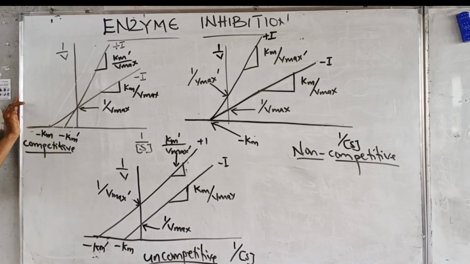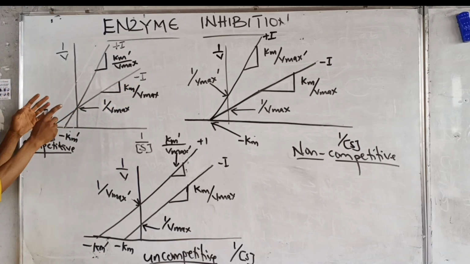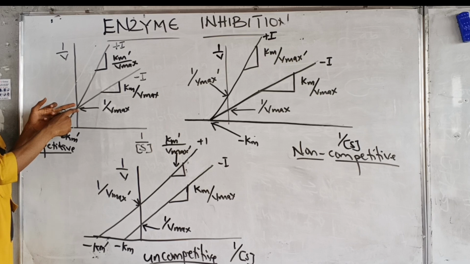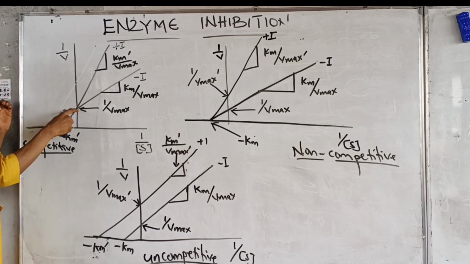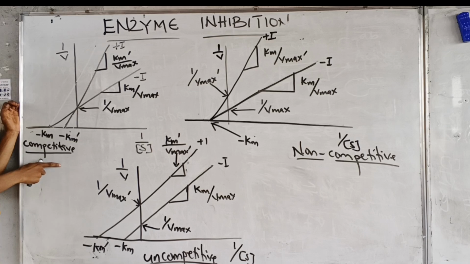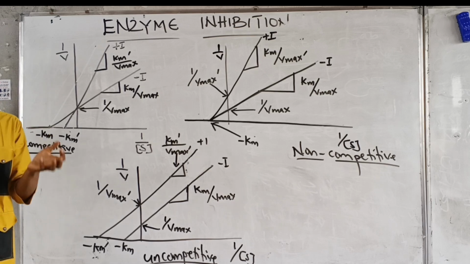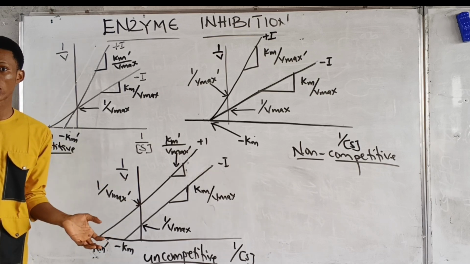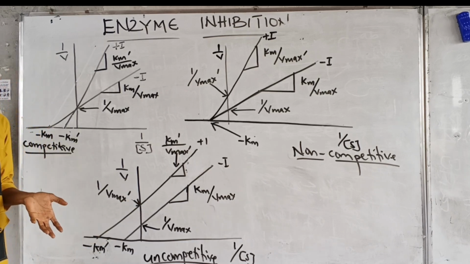Now if you are plotting your graph and the two lines intersect on the y-axis here, you say that type of inhibition is what? Competitive. Because in the graph they will not tell you the mode of inhibition. It is after plotting that you should be able to tell them this is competitive, this is non-competitive, this is uncompetitive.